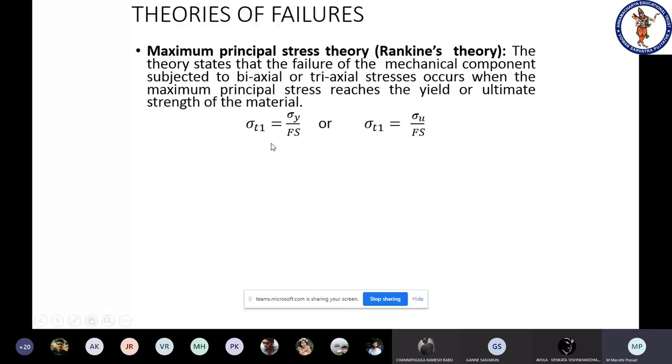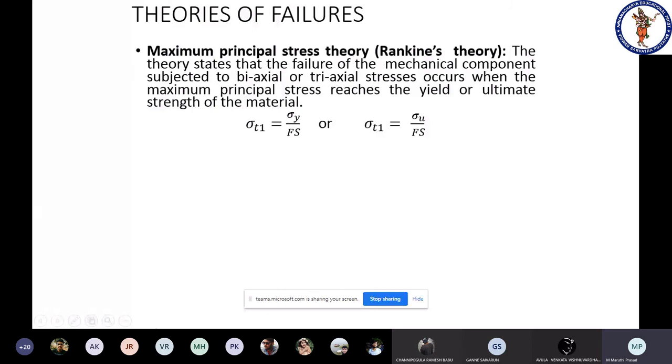Similarly, when sigma T1 is less than or equal to sigma u by Fs, there is no failure. When the individual stress is greater than this value, certainly failure will occur. If you know the criterion of failure, by overcoming that criterion we will produce sound products. So this is the first theory of failure.